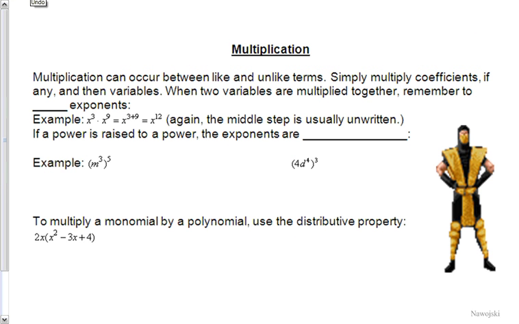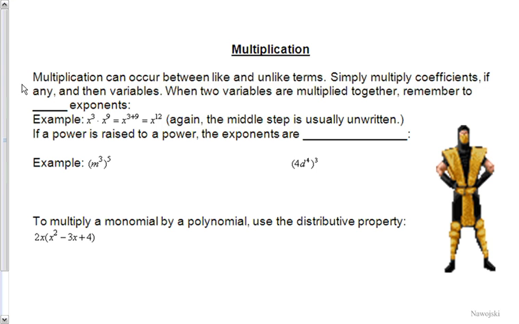Multiplication occurs between like terms again, but it can also occur between unlike terms, okay? Multiplication doesn't need them to have the same base. Simply multiply the coefficients, one of the biggest things, and then when you take the powers, add them. Don't multiply them. That's what people like to do.